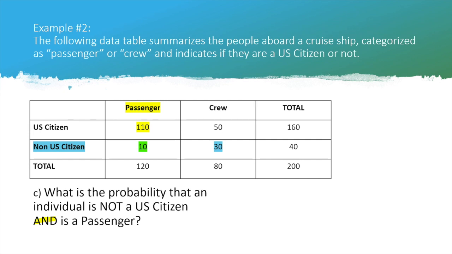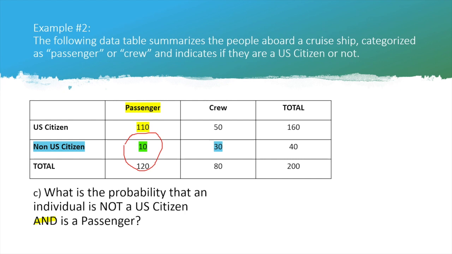In this case, I'm looking for that intersection where my answer has to be both of those things. So what I'm looking for here is the intersection of passenger and not US citizen. So I just want this number, 10.